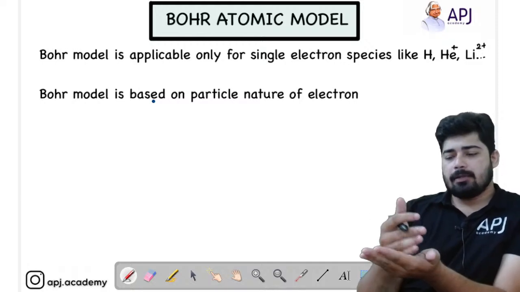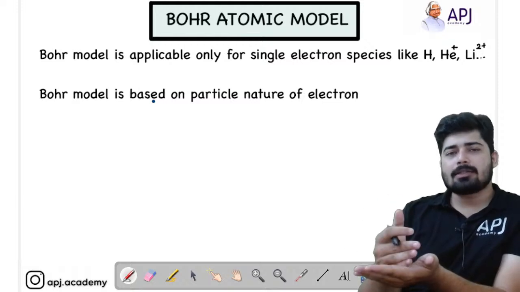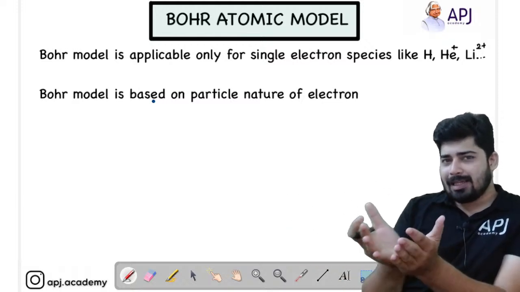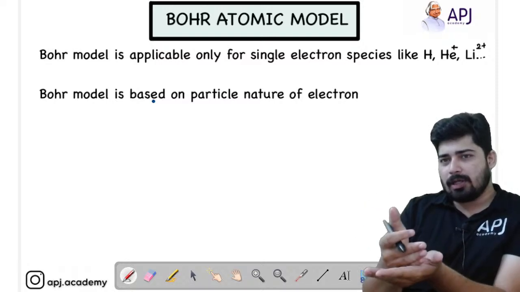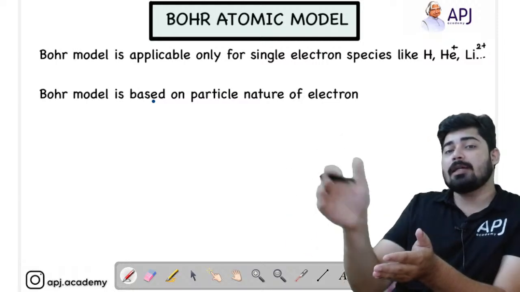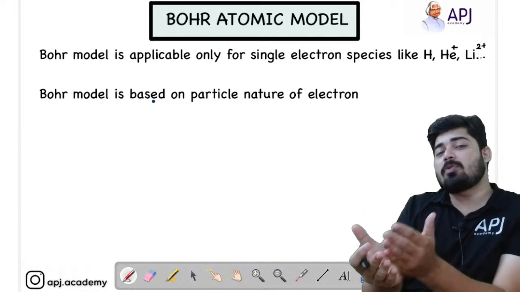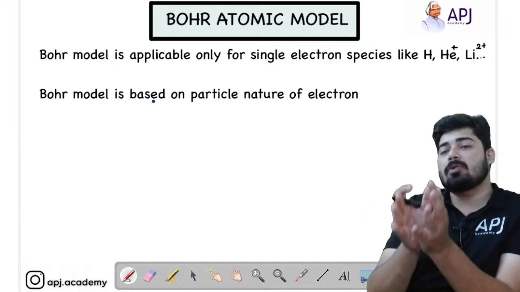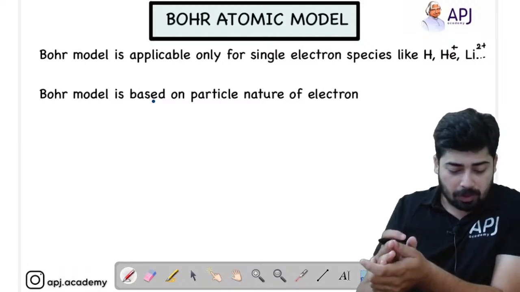Helium, lithium, or any other elements consist of more than one electron, so the Bohr model is not applicable for them in their atomic form. Rather, they can be in their ionic form, so that the Bohr model will be applicable for them, because the Bohr model is only applicable for single electron species. That's the most important point.